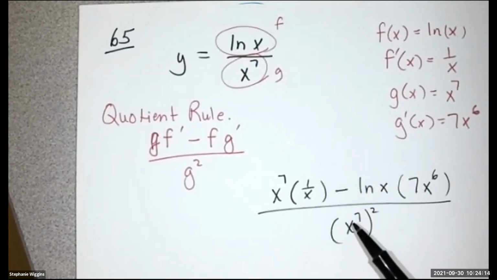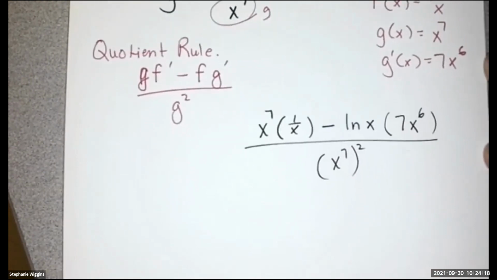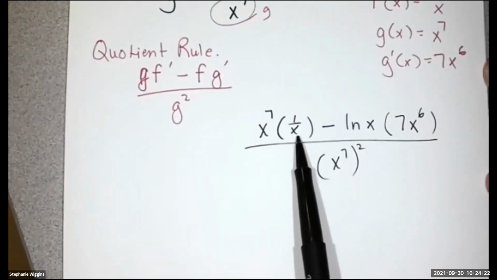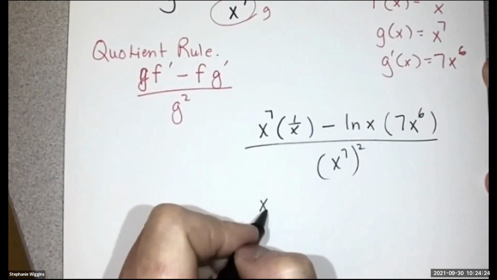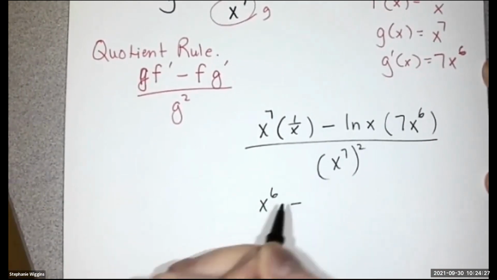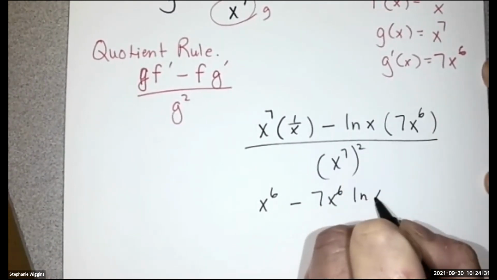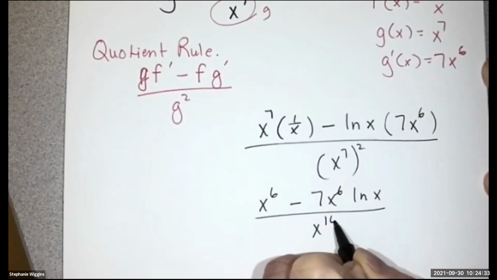Now, when you have an exponent raised to another exponent, you multiply the exponents. And here we have x to the 7th divided by x, that's just going to be x to the 6th, minus 7x to the 6th times the natural log of x, all over x to the 14th.